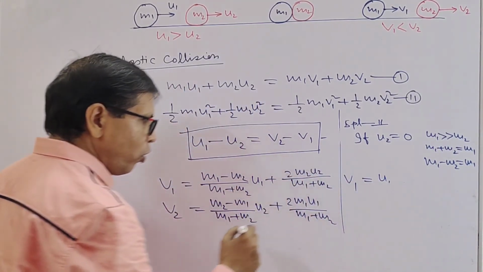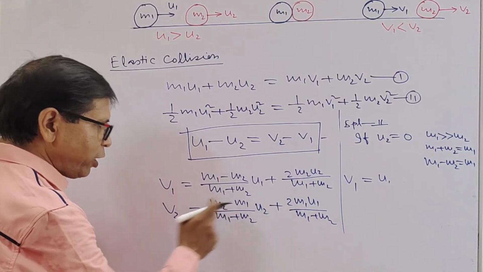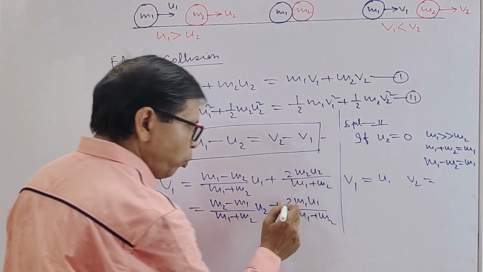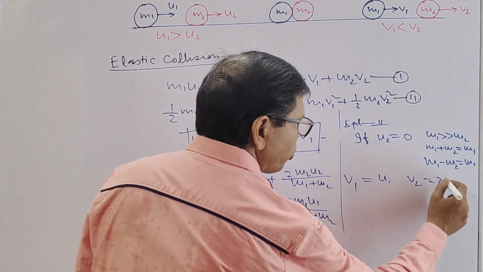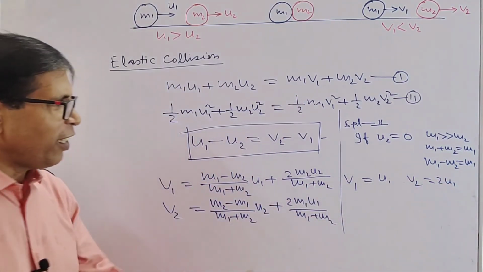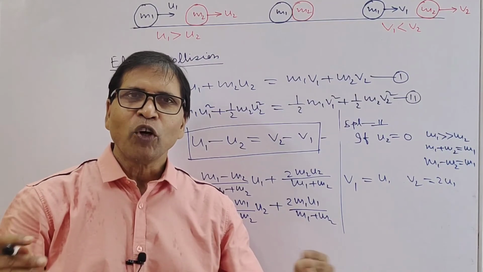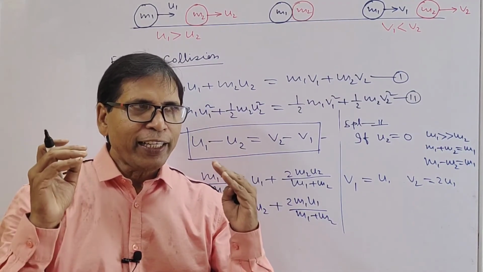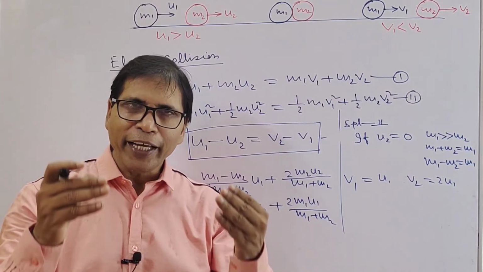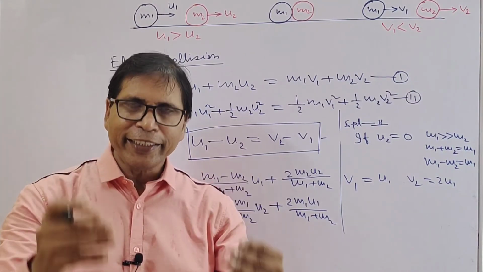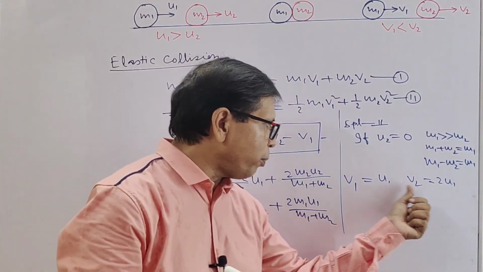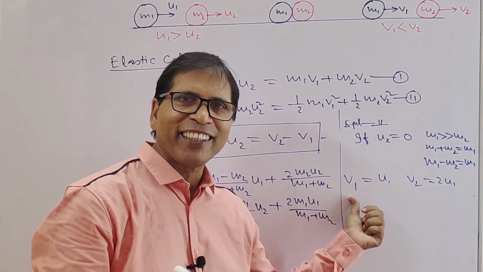Now this term is 0, so v2 becomes 2m1 by m1 times u1, so this is 2u1. So in elastic collision between a heavy mass and a stationary small mass, the small mass gets twice the velocity of the heavy mass.